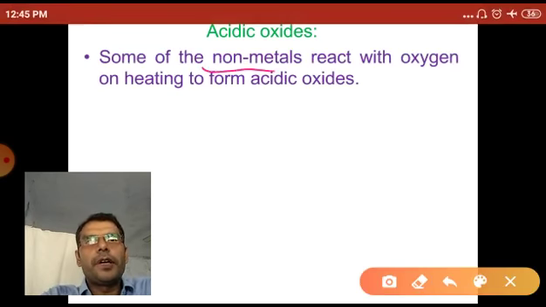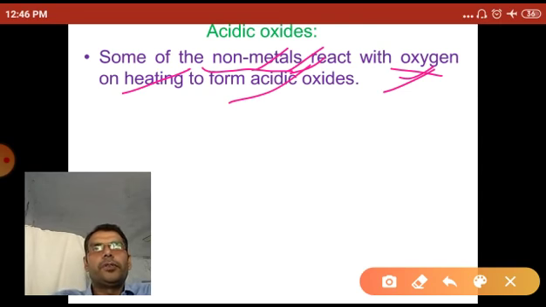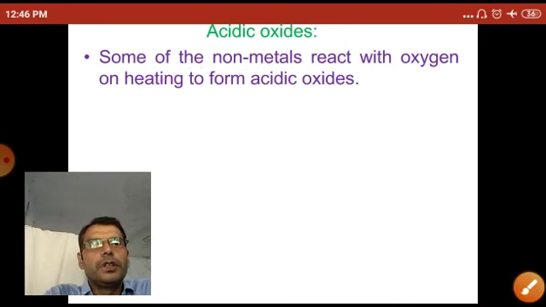Now, some non-metals react with oxygen on heating to form the acidic oxide. So, not all, but some non-metals, when they react with oxygen by heating, form oxides, and those oxides are acidic oxides.